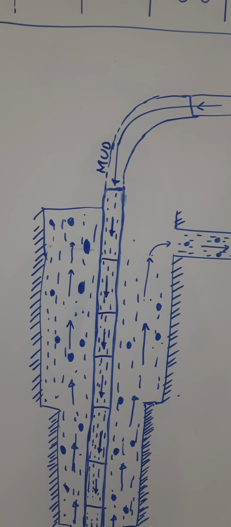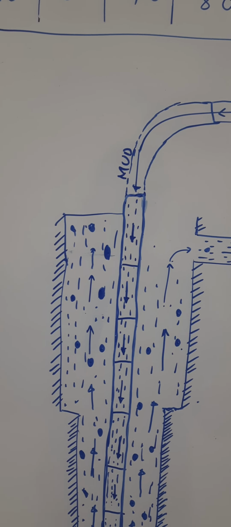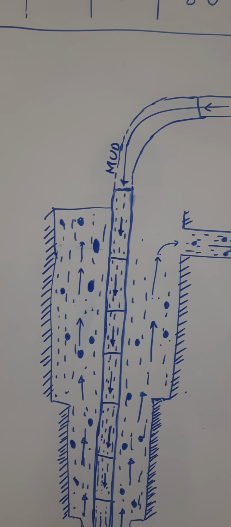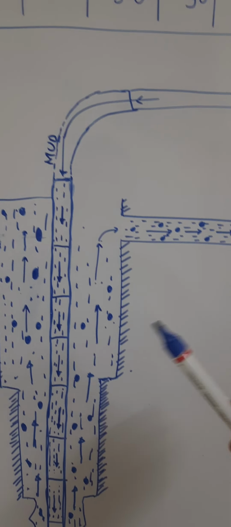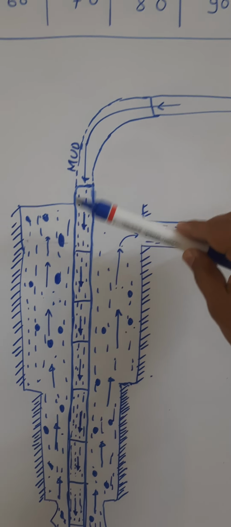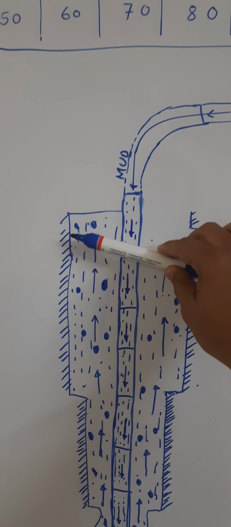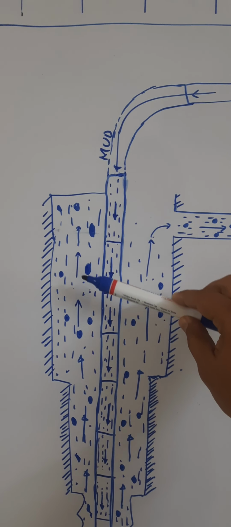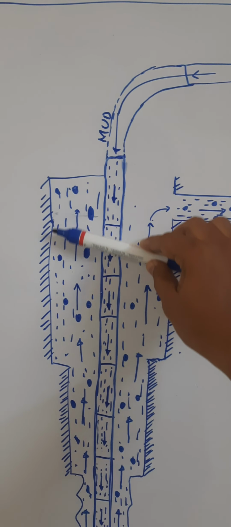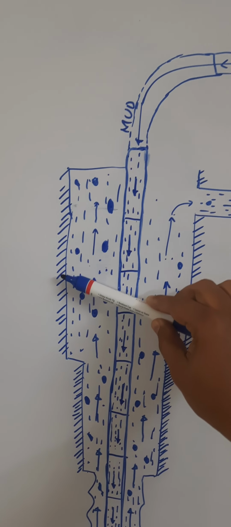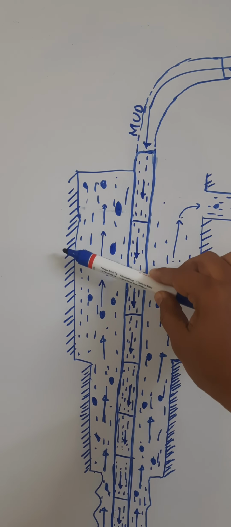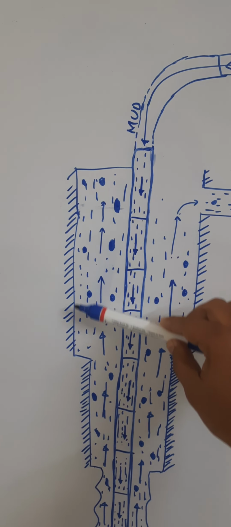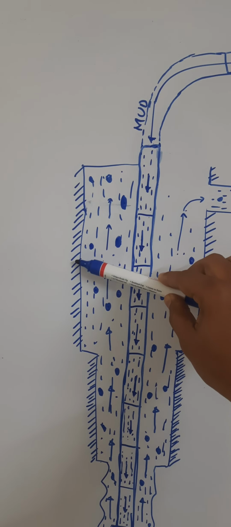Okay, so to explain this mud circulation system in a little more detail, let's go back. As we discussed earlier, this well is being completed in three phases. This is the first phase, drilled, casing lowered and cemented.